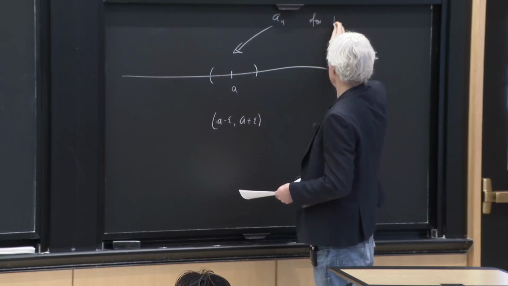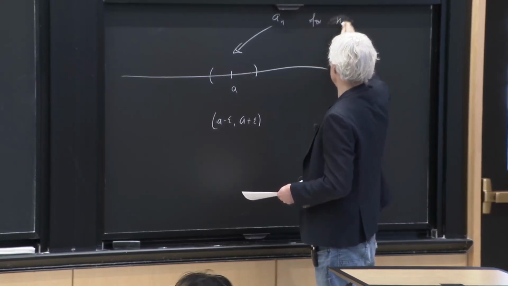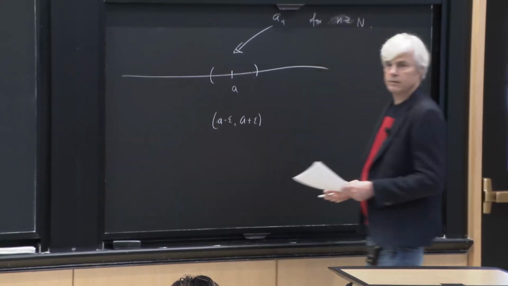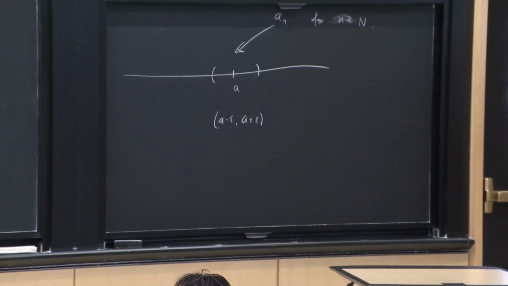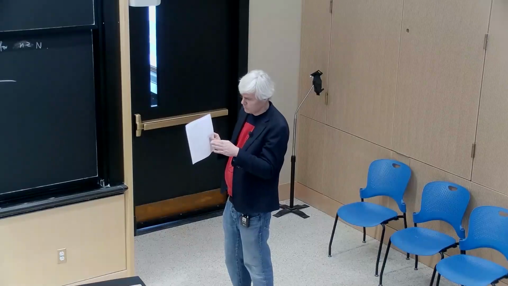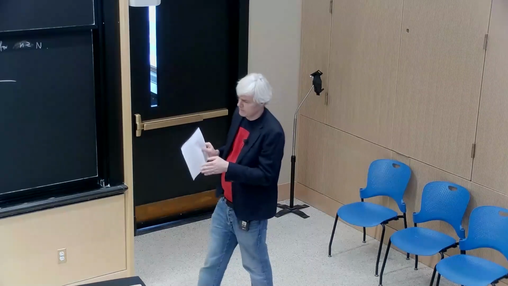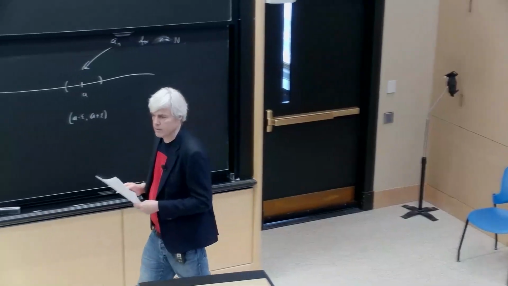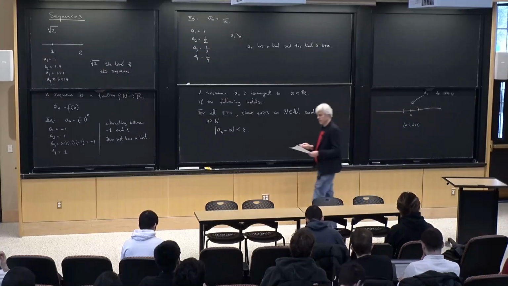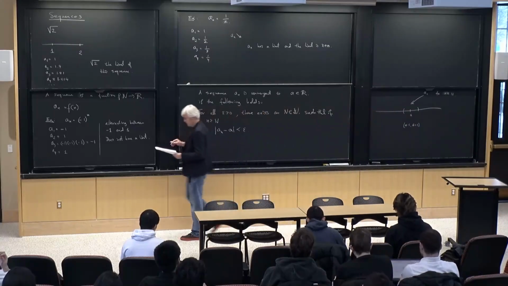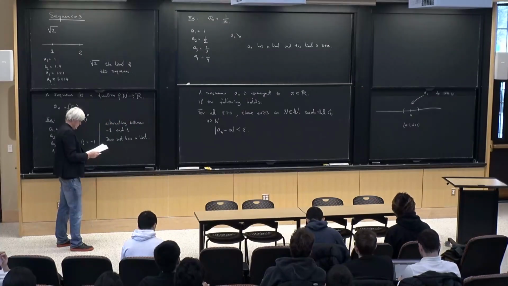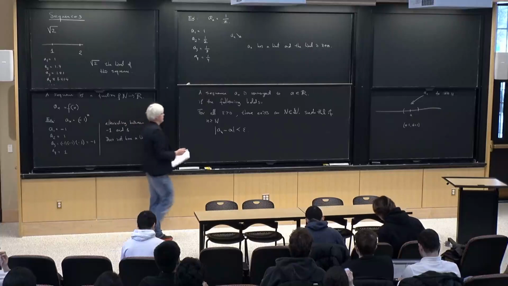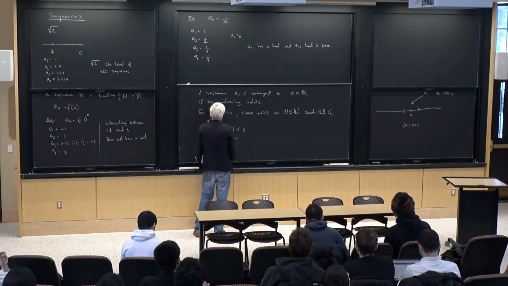That's what it means to be convergent. It's like for all epsilon, so someone else is allowed to pick the epsilon, and then you have to prove that there exists a capital N, so that from there on out, all of the a_n lie in this little interval. So this is what it means for a sequence to be convergent.